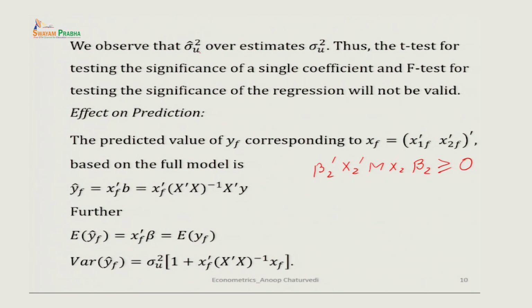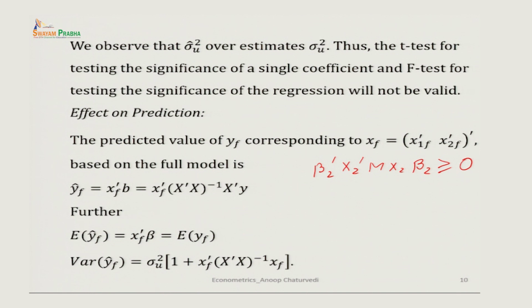So, sigma hat square u overestimates sigma square u, the bias is positive. Thus, the t test for testing the significance of a single coefficient and the f test for testing the significance of the entire regression will not be valid.